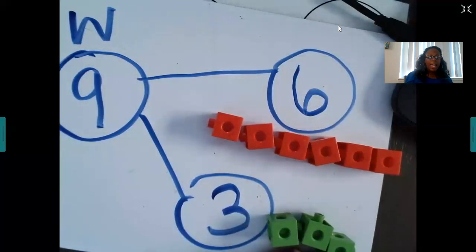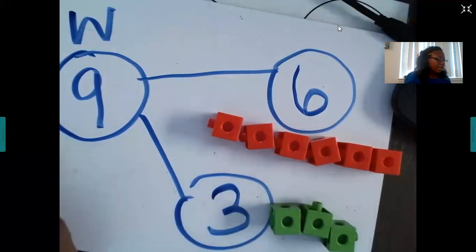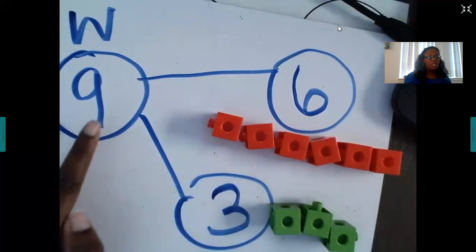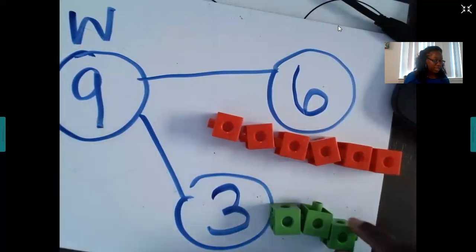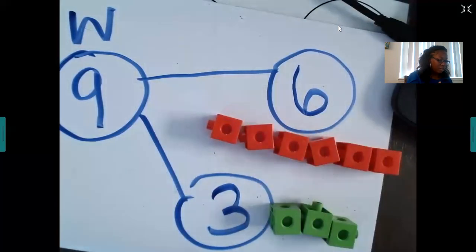Well, if I count 3 and 6 together, if it makes 9, which is my whole, then I know I did it correctly. So let's look at it. 1, 2, 3, 4, 5, 6, 7, 8, 9. Oh, I did that correctly.